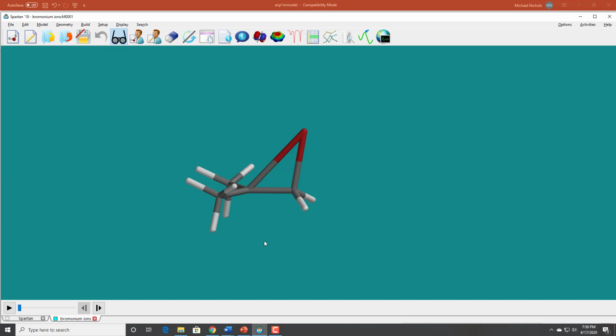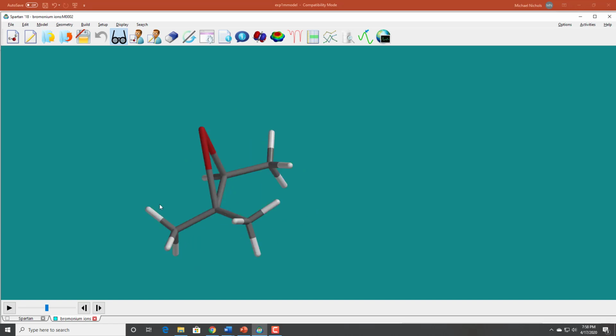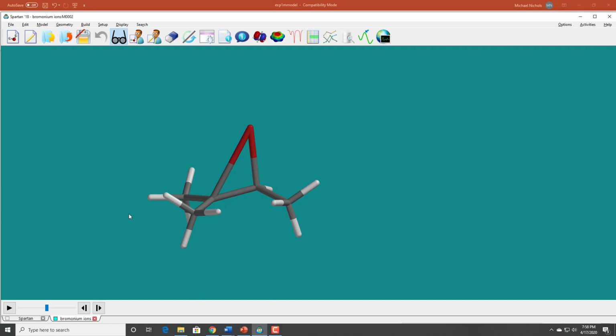How does this geometry, or this geometry, support what we know to be the correct regioselectivity of this reaction? Regioselectivity meaning Br plus is the electrophile.